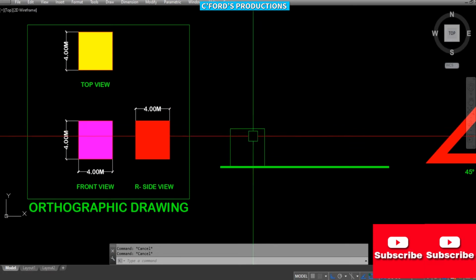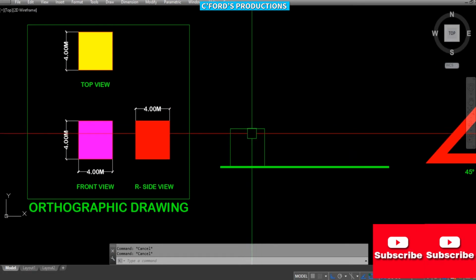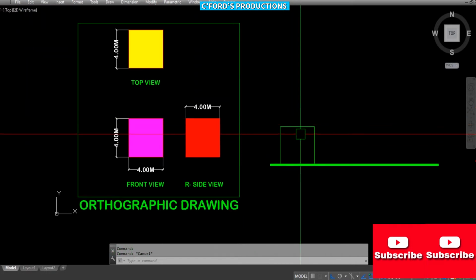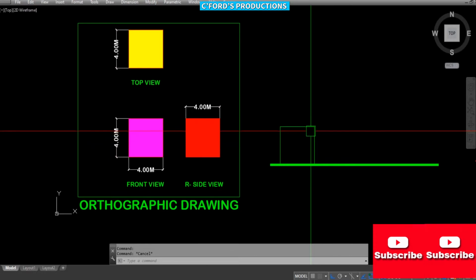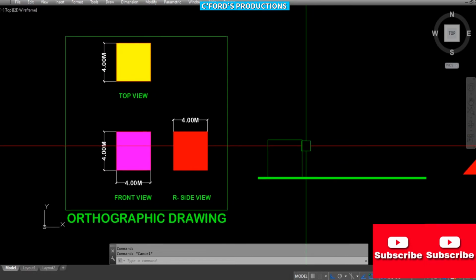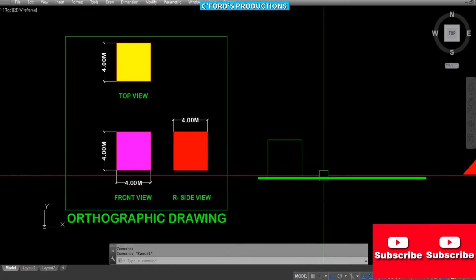This one is the front view. In oblique drawing, the front view or the front surface of the object is parallel to the plane.